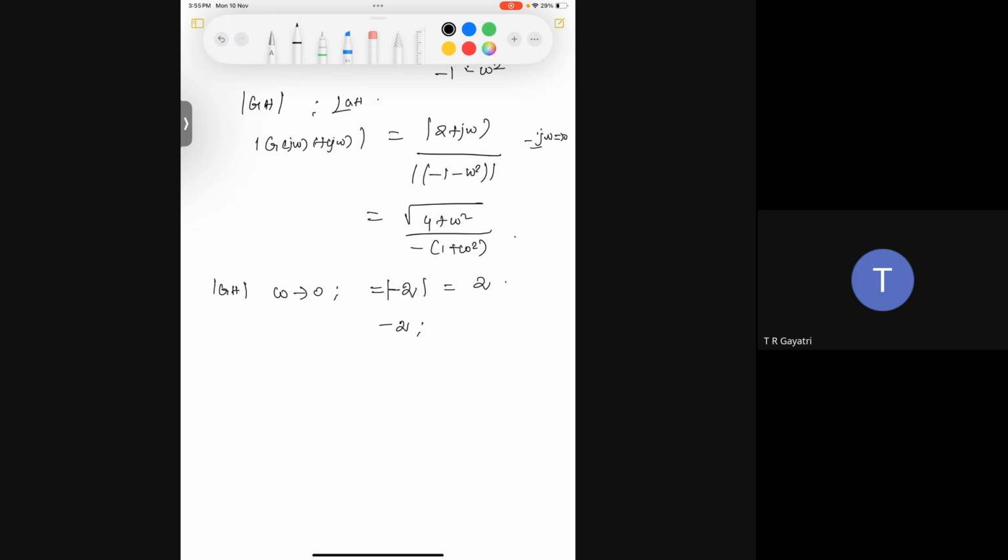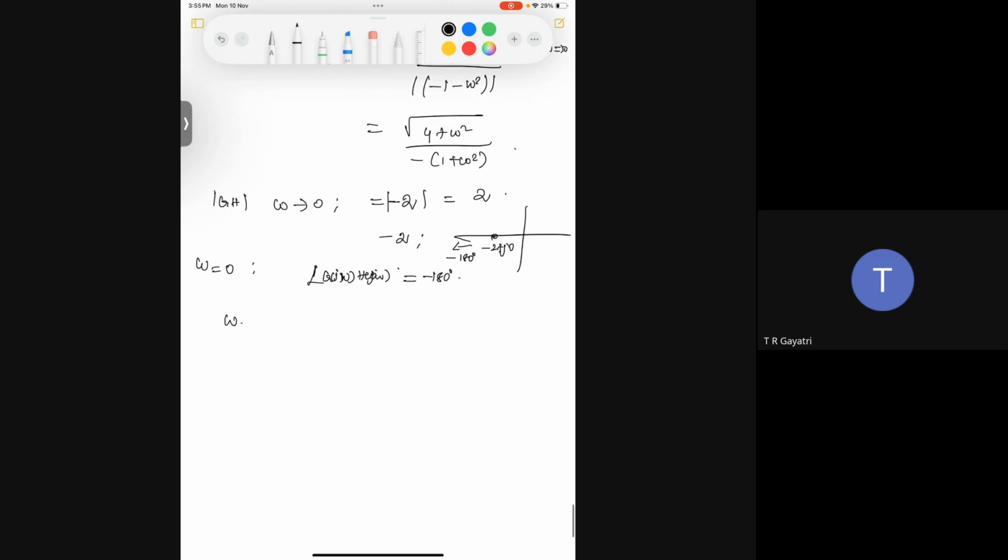So it will give minus 2 plus j 0 because omega equal to 0. So this will give me, it lies in the negative real axis. So the angle of g of j omega into h of j omega will give me minus 180 degree when omega equal to 0.